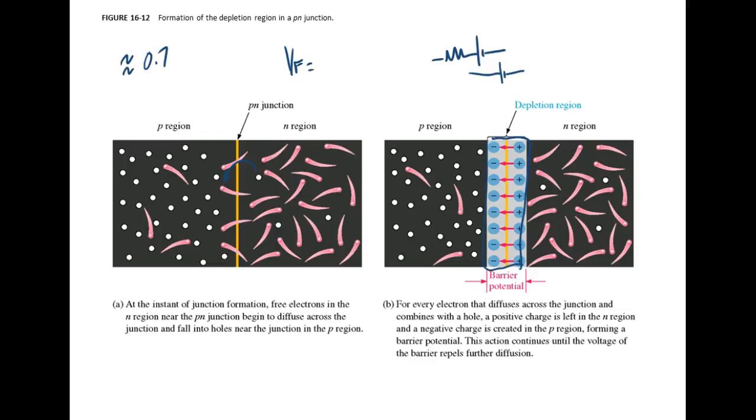We don't say 700 millivolts for some reason. This is for silicon, and approximately 0.3 of a volt for germanium. And if you look it up on data sheets, it's going to be labeled VF, forward voltage drop.